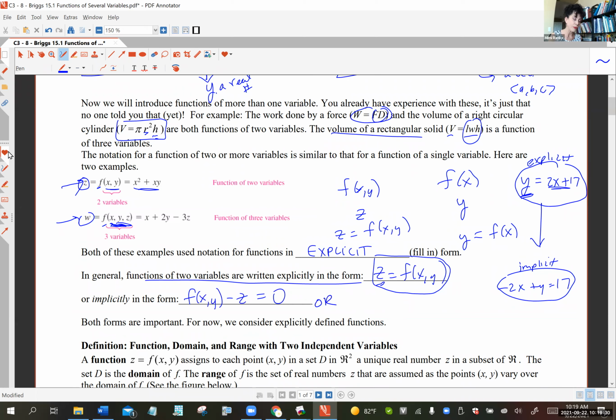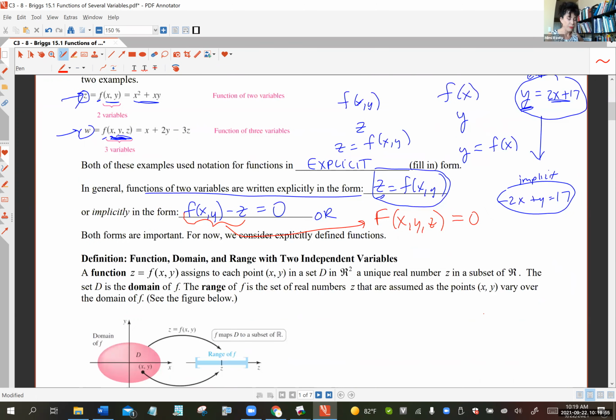Or sometimes what we're going to do is take all the stuff on the left-hand side, which now has x's and y's, and well, it has one z in it. So we'll rename that big F of x comma y comma z, because that's a big old function of three variables, equals 0. That's another way to represent functions.